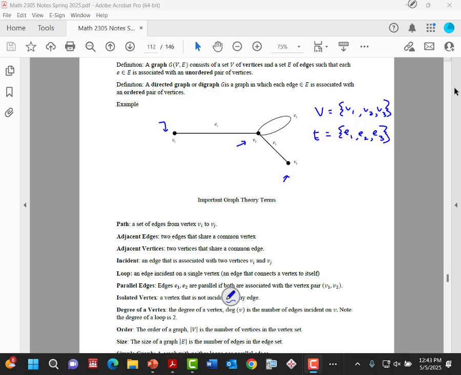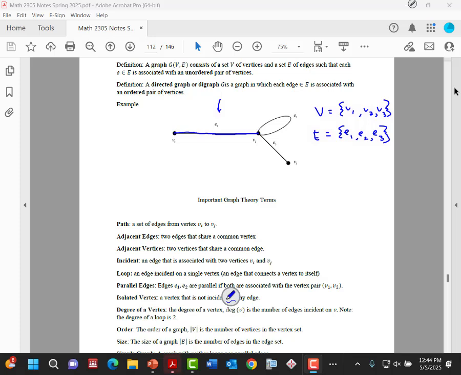So there are three vertices in the vertex set. There are three edges in the edge set. And so what this graph is simply saying is that I can travel from V1 to V2 via edge 1.